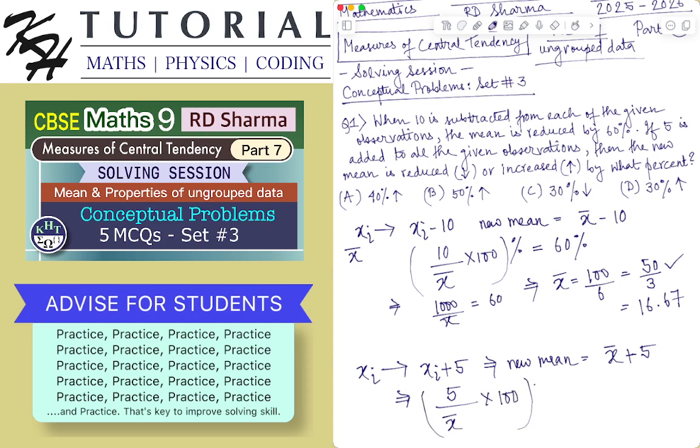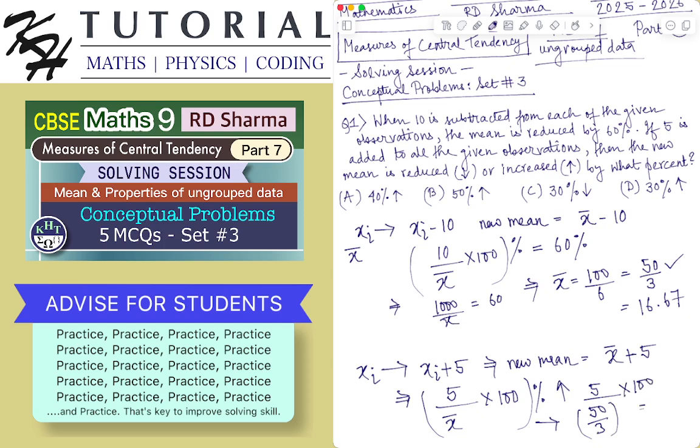By this much percentage the new mean will be increased. Now what is this percentage? This is 5 by x bar, where the original x bar is 50/3, multiplied by 100.